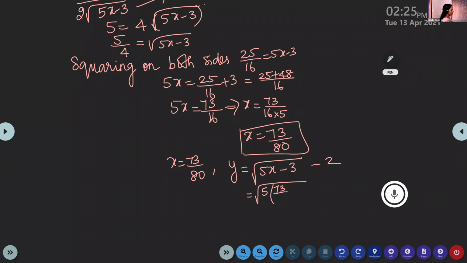5 into 73 by 80 minus 3 minus 2. So that is root of, if I take the common LCM as 80, 5 3s are 15, 365 minus 240, minus 2.